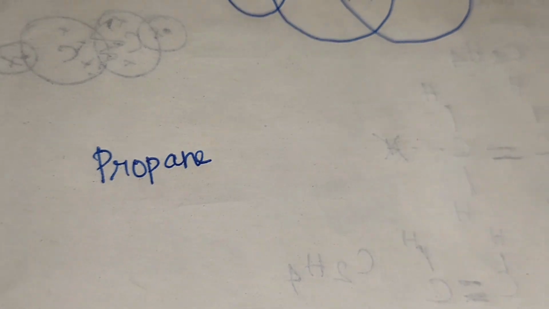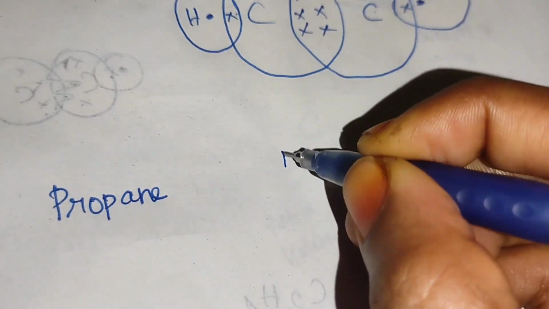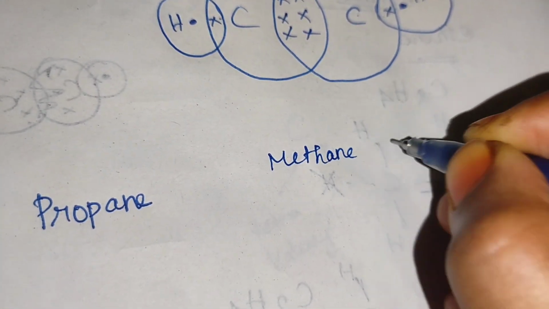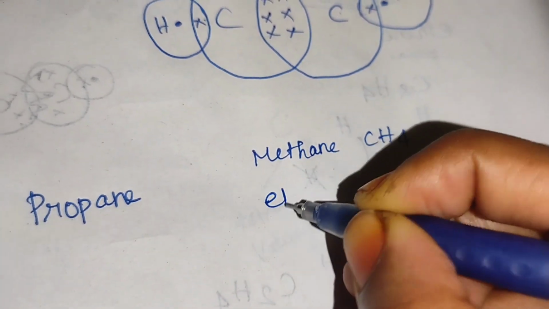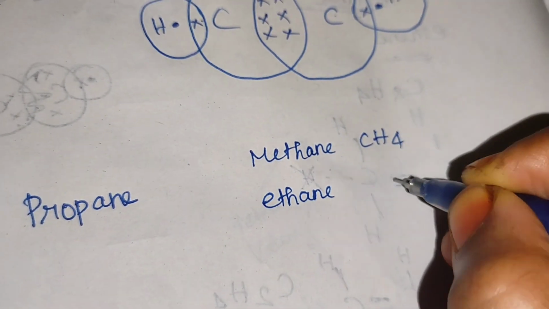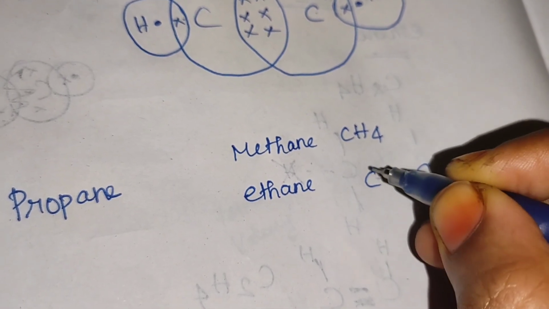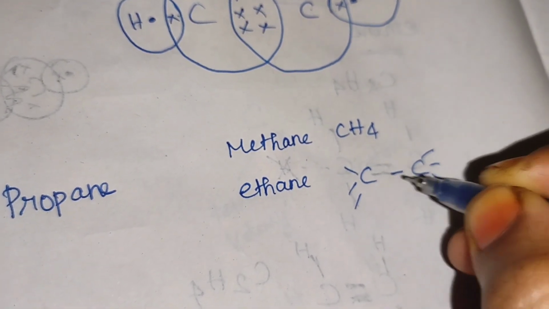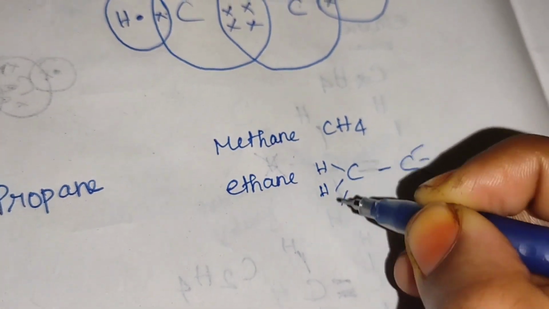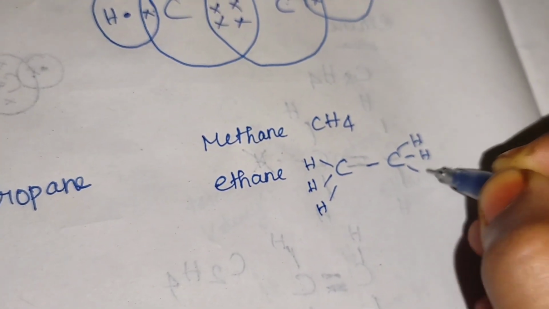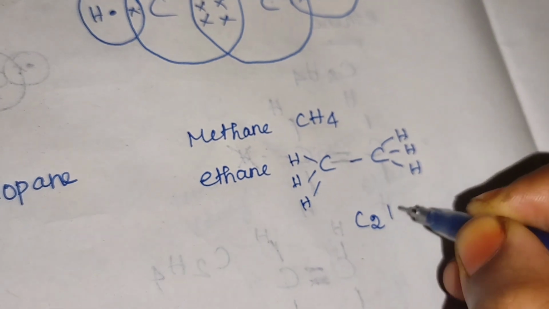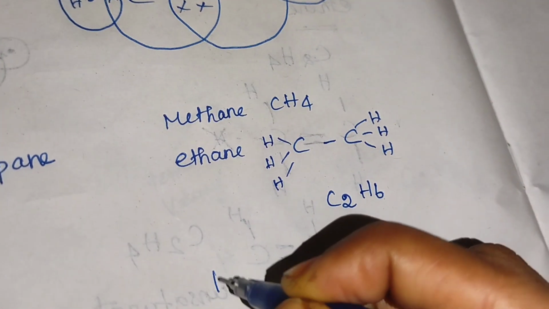Now the structure for propane. Before that, methane: what is the formula? CH4. And for ethane, there will be 2 carbon atoms, each sharing 1 valency, so the balance is 3, and totally 4 valency is completed. So the ethane formula is C2H6. Now propane.